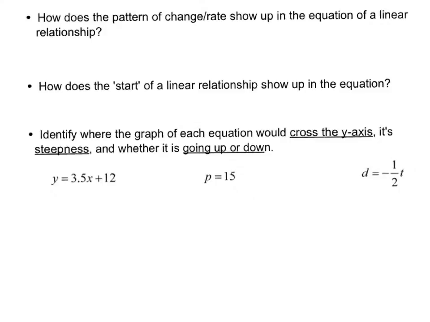All right, now let's look at how the pattern of change shows up in an equation of a linear relationship. Well, remember the rate, the pattern of change in the equation is the coefficient of our independent variable, which we use x for the independent variable.